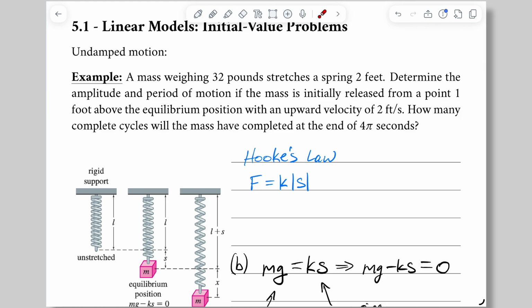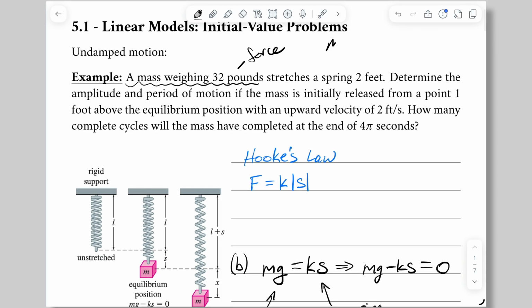Some things to unpack here. Number one, a mass weighing 32 pounds. The mass weighs 32 pounds. 32 pounds is not mass. Pounds is force. This is the imperial system. It's pounds, feet, inches, all that stuff.